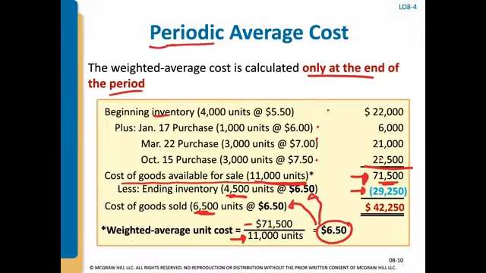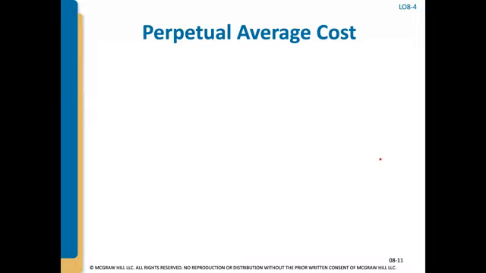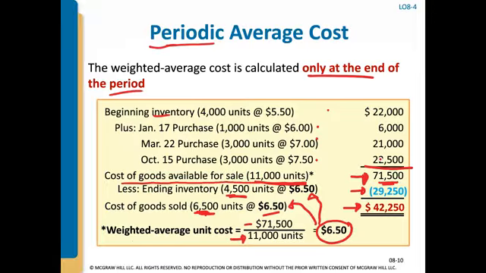The number of units that we sold is 6,500, and the average cost allocated to those units sold is $6.50, and that gives us $42,250. So that's just your periodic cost. You do it one time at the end of the year, boom, you're done.